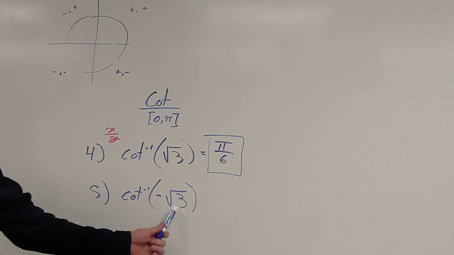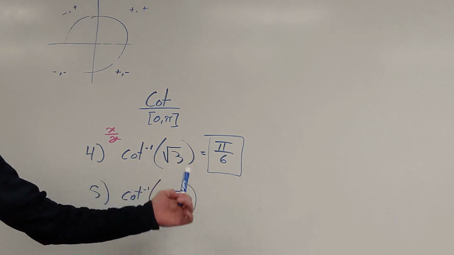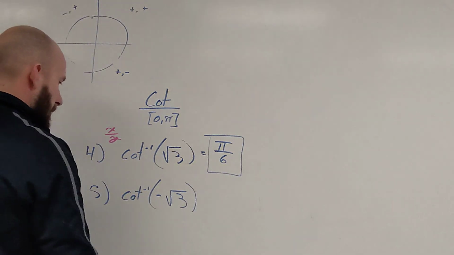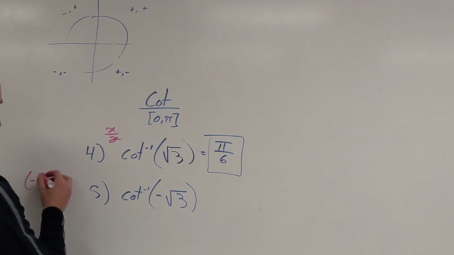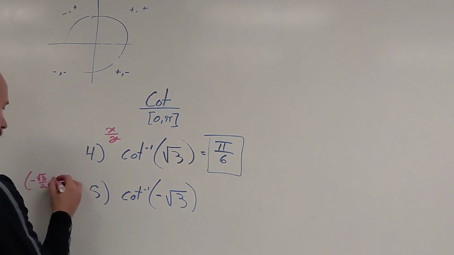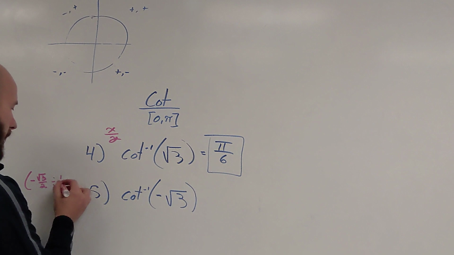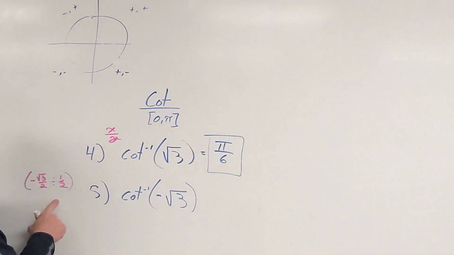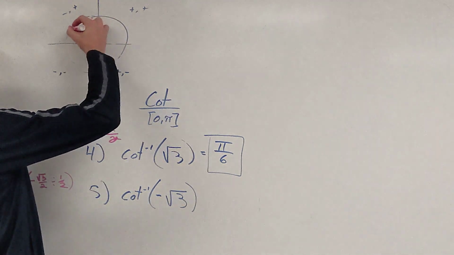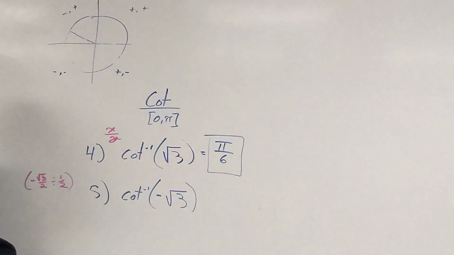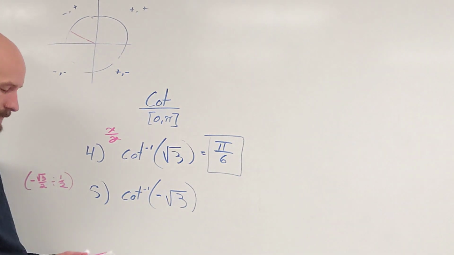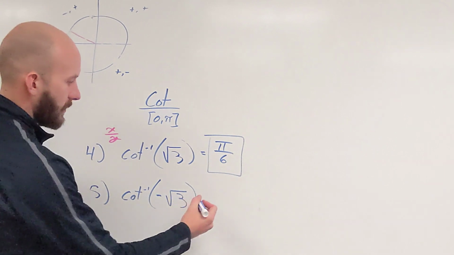Because this is the exact same answer, just negative, I know I need negative square root of 3 over 2 divided by half. Does that make sense? So over here I need the x value to be negative square root of 3 over 2. What angle would that be? 5 pi over 6.